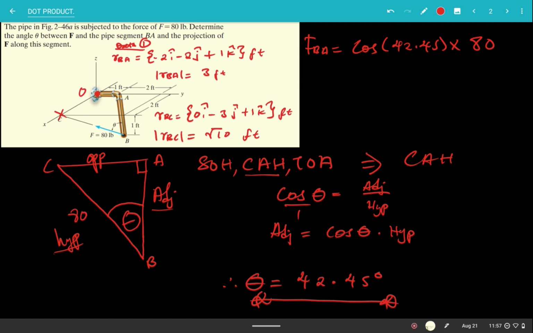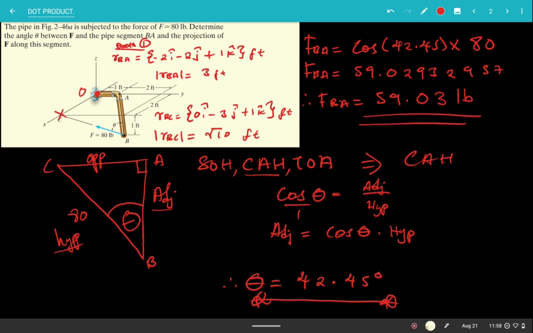So if we compute this, force BA will be equivalent to 59.02932957. Rounding off to 2 decimal places, force BA is equivalent to 59.03. These are going to be in pounds. So this is the magnitude of the projection of the force along the segment BA.